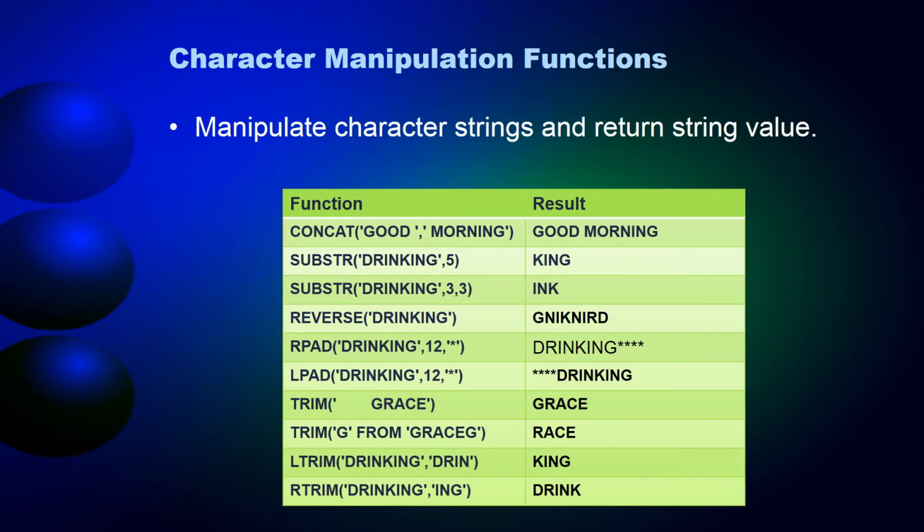Next is rtrim. Rtrim is a function which is used to trim the given string with the substring which is at the right of the string. So for drinking, we are giving the substring as ing, so we have the result as drink. So ing on the right side is trimmed by this function.